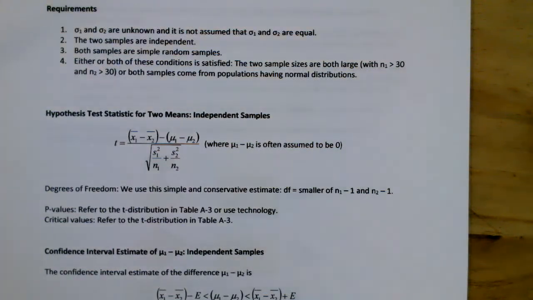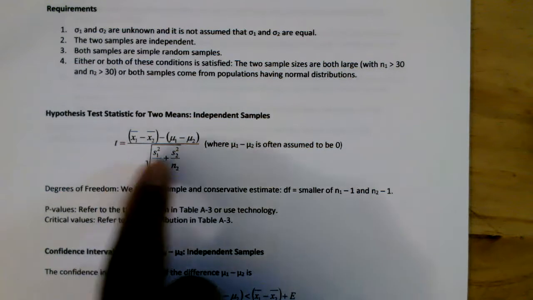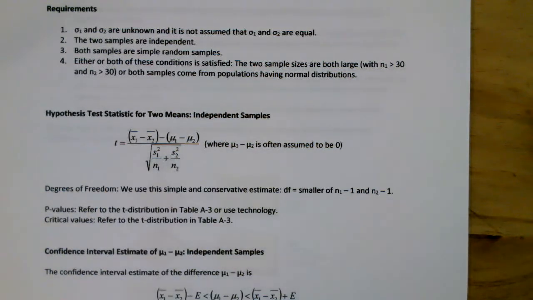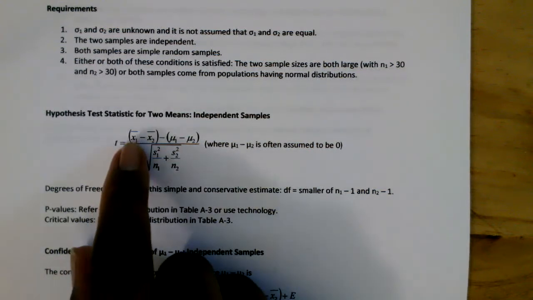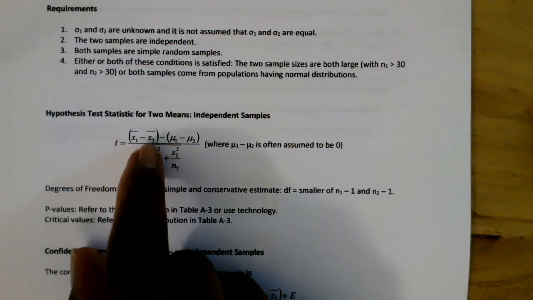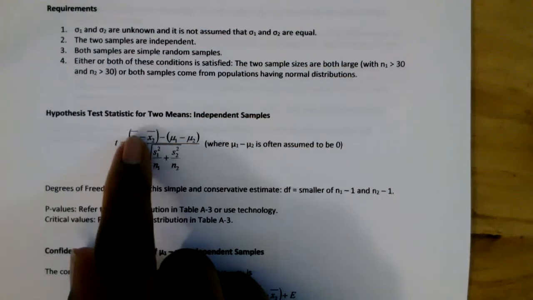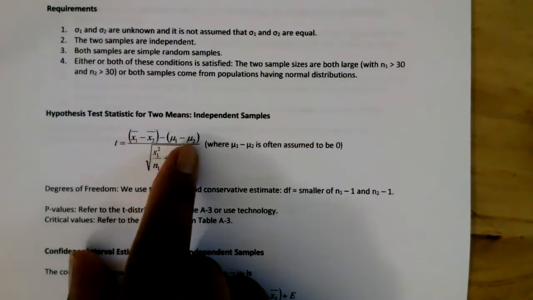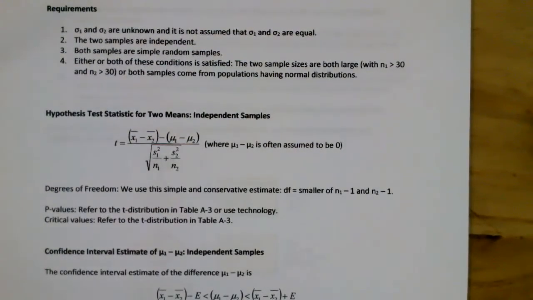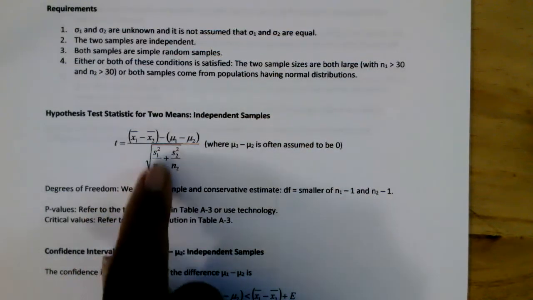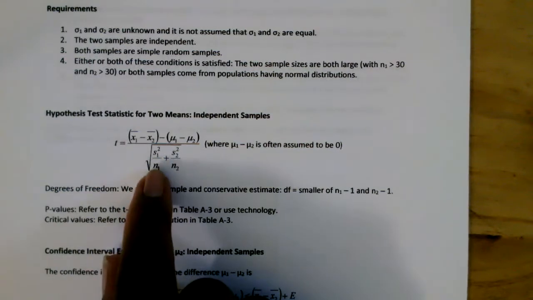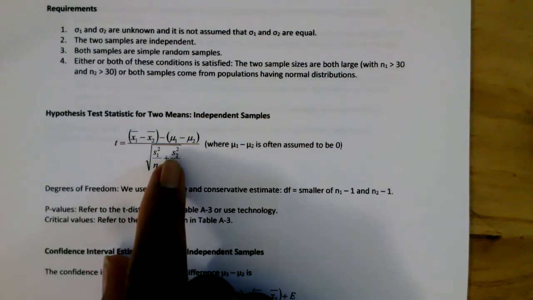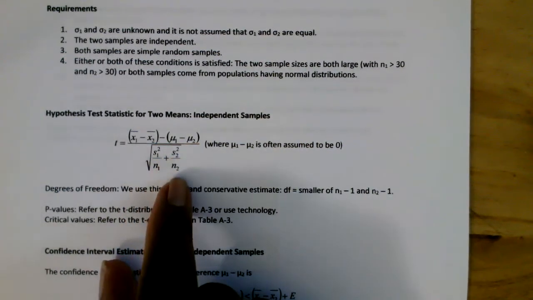Now, this is the test statistic formula when we're doing the hypothesis test for two means. T is equal to the quantity X1 bar minus X2 bar, minus the quantity mu sub 1 minus mu sub 2, all divided by the square root of S1 squared over N1 plus S2 squared over N2.